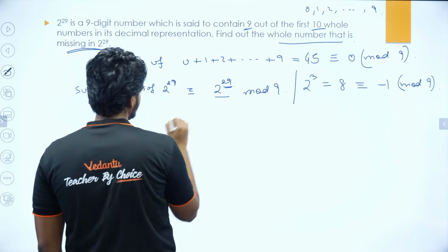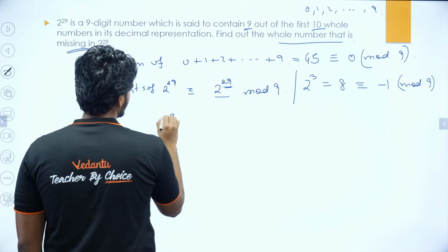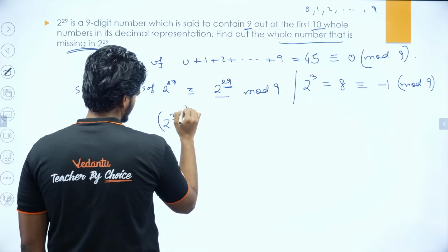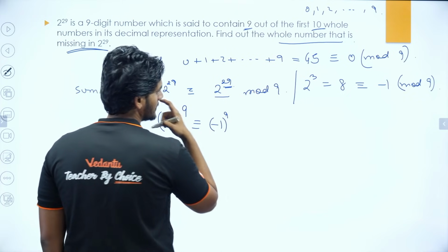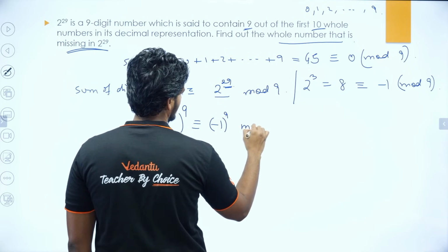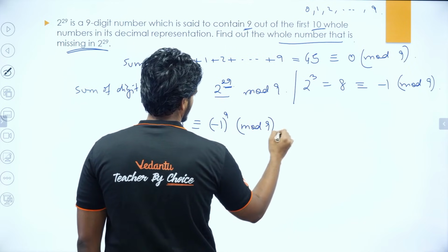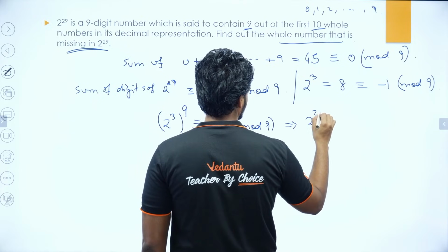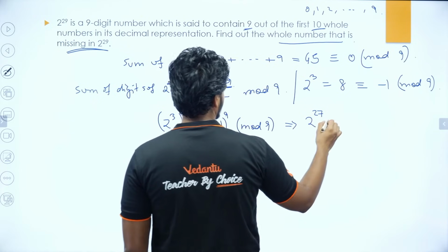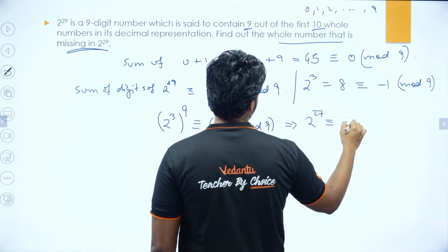The closest is 27. So 2 cube whole power 9 will be congruent to minus 1 whole power 9 mod 9. This implies 2 power 27 is congruent to minus 1 mod 9.